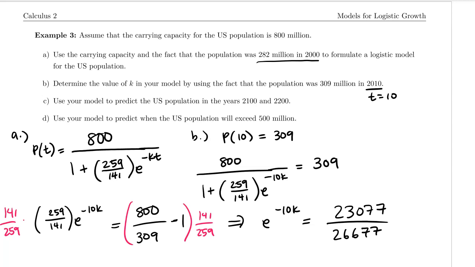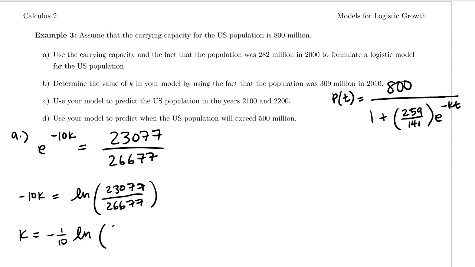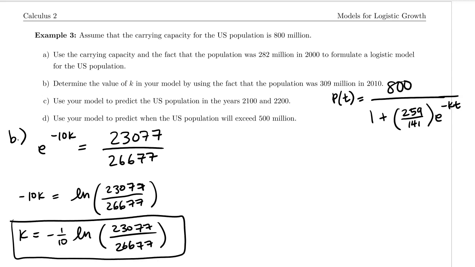I'm running out of space on my screen, so let's clean this up. Okay, so if I take the natural log of both sides, I get negative 10k is equal to the natural log of this lovely fraction. And then finally we get k equals negative 1/10 times the natural log of that number. All right, so here's our k value, and that's our answer for part B.